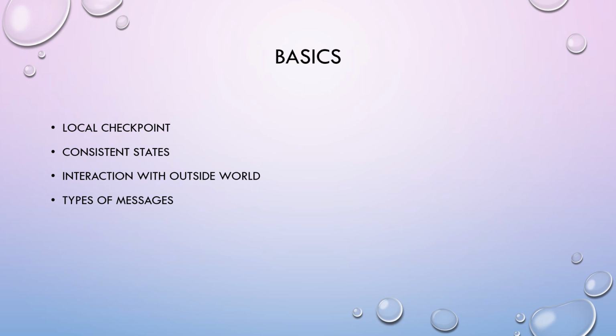If a process state reflects a message received, then the state of the corresponding sender must reflect the sending of the message. A global checkpoint is a set of local checkpoints, one from each process. A consistent global checkpoint is a global checkpoint such that no message is sent by a process after taking its local checkpoint that is received by another process before taking its checkpoint.